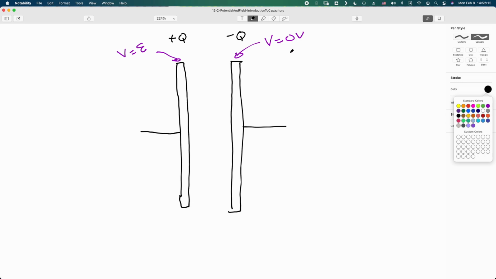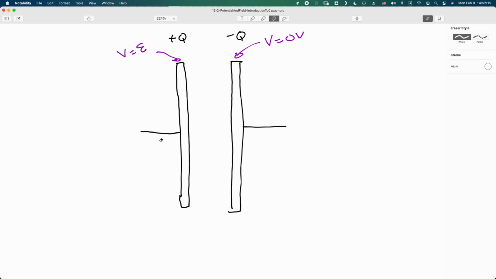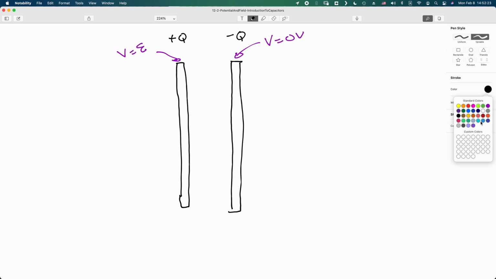So what I want to think about, actually, let me just draw the wires in a different color. We'll just do that and that for our wire. Now, I don't want to get too far in the weeds about how the wire is going to be changing our electric potential here.